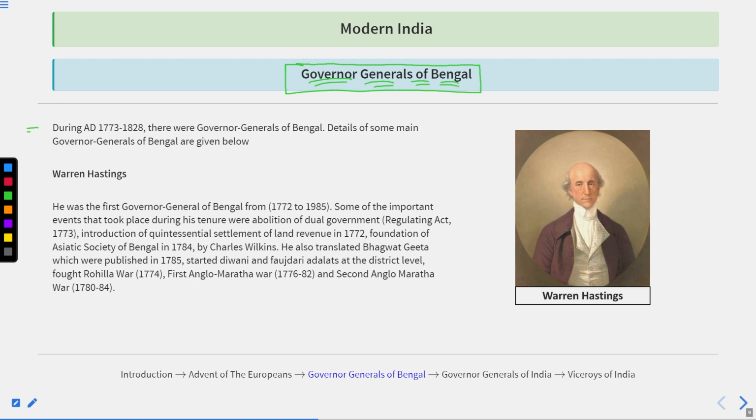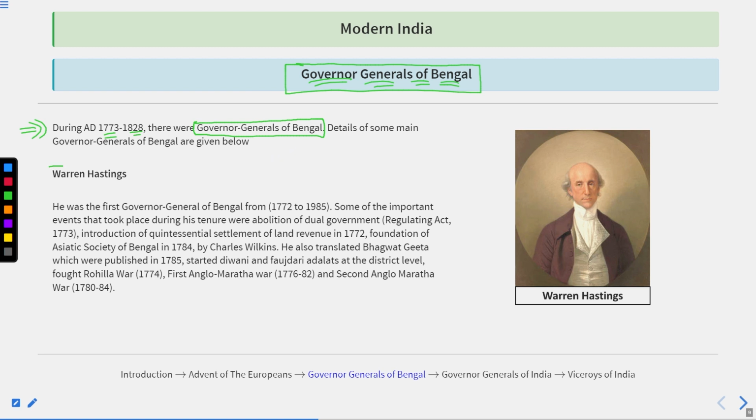During 1773 to 1828 AD, a position was created called the Governor General of Bengal, because Bengal was the first area that went under the hands of the Britishers, first in the Battle of Plassey, supplemented by the Battle of Buxar.